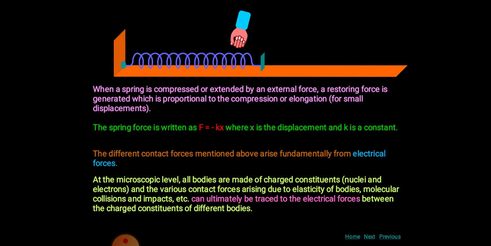All bodies are made from charged particles, and the various contact forces arise due to the elasticity of the body, due to molecular collisions and impacts. So here you have to know the charge constituents of different bodies. For that we have to consider the electrical force also.